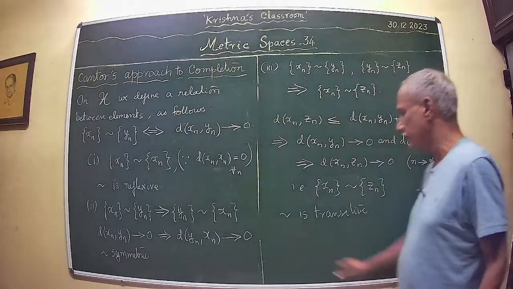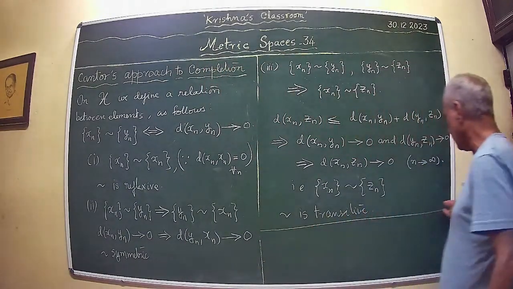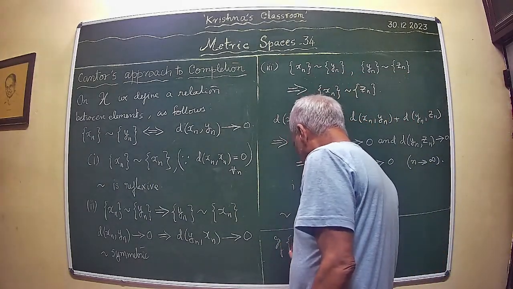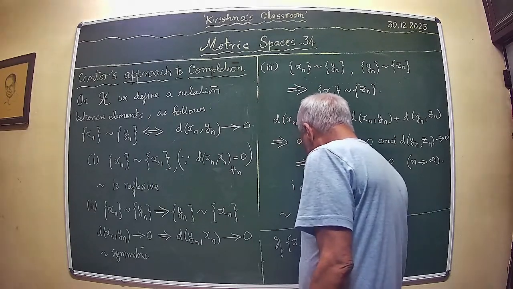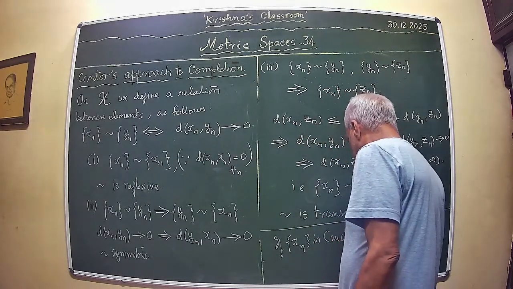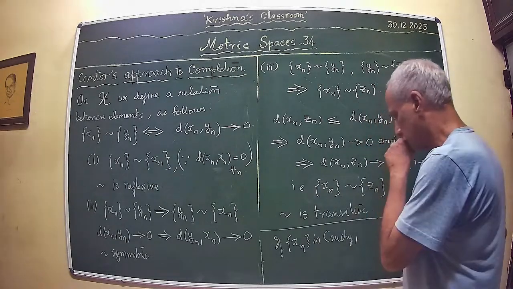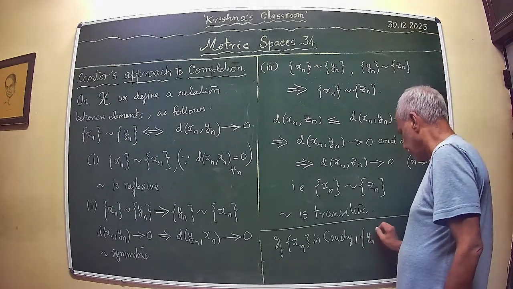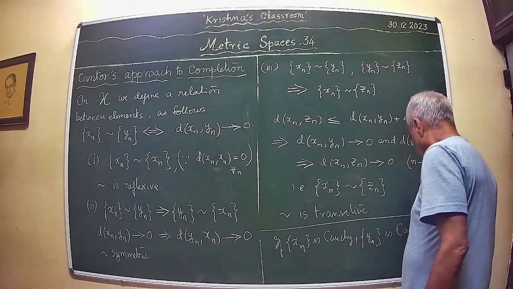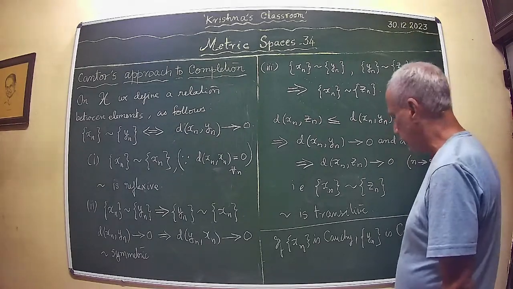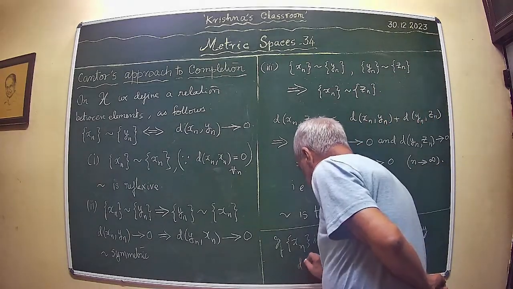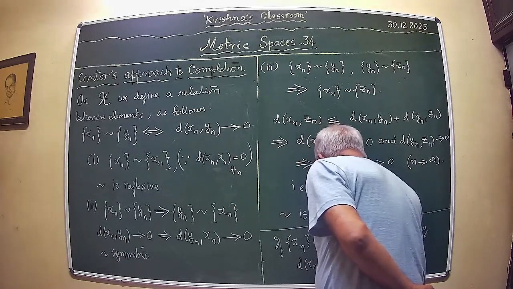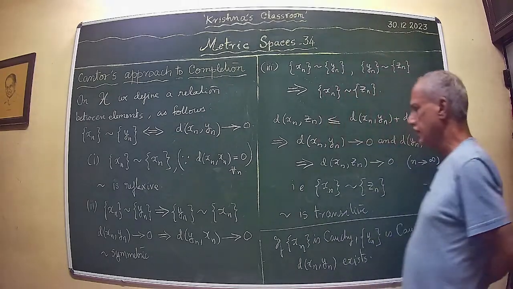That is, we want to assert that if xn is Cauchy and yn is Cauchy, whether they are related to one another or not, the limit of d(xn, yn) exists as a real number.